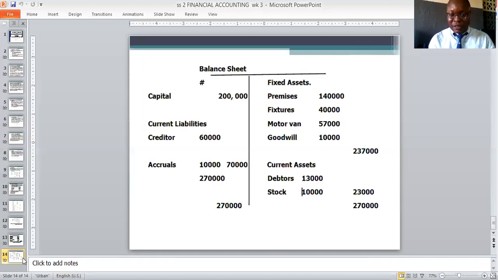Stock, 10,000. Then you add 10,000 and 30,000. That will give you 40,000 naira. Let us add 40,000 naira and 237,000 naira. That will give us 270,000 naira. You can see both sides, the liability side and the asset side, are equal, and this is how you can get the best in calculating the purchase of business accounting.